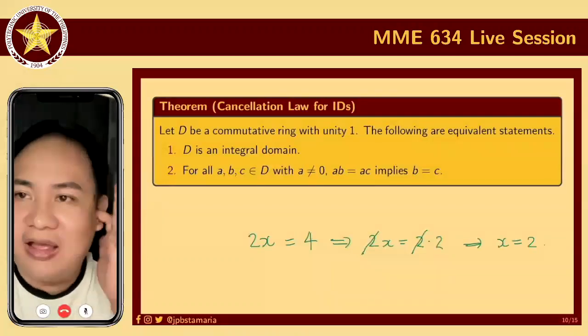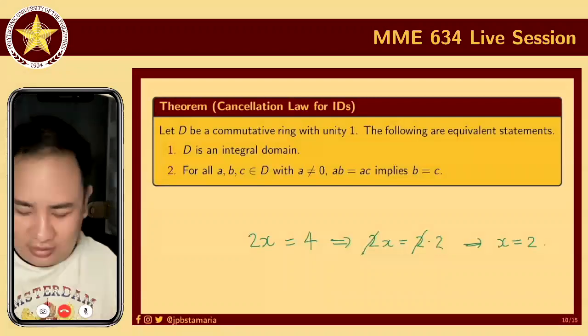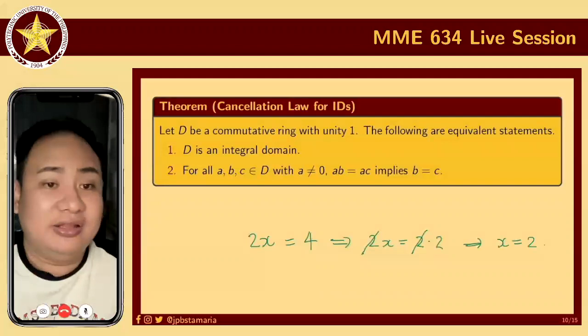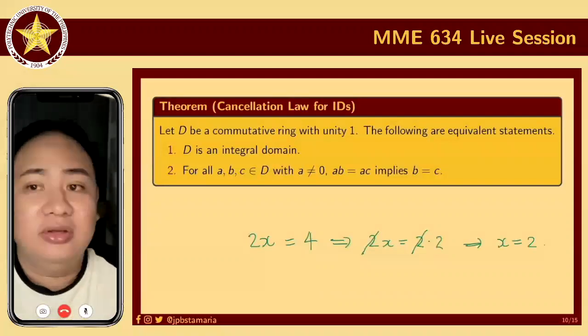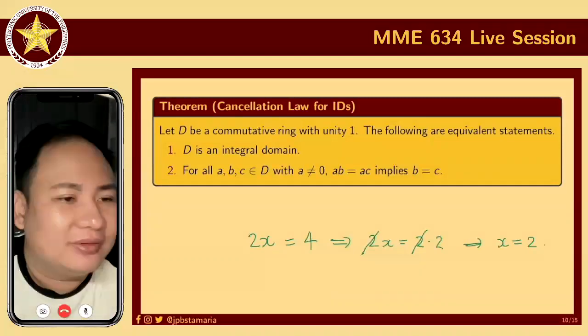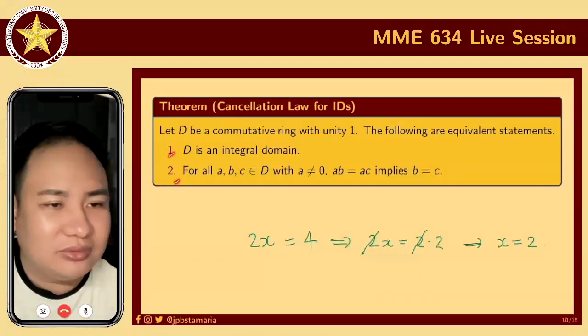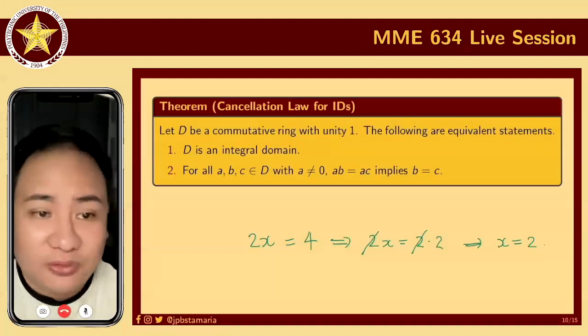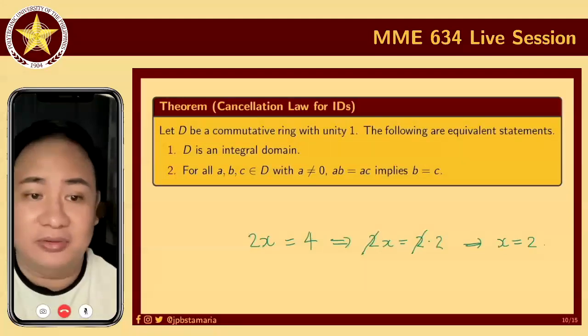In fact, tingnan nyo ha, the following are equivalent statements. Ang ibig sabihin nun, hindi ko sinasabing true ito or true ito. Ang sinasabi ko, pag isa dito sa 1 or sa 2 ang true, yung isa rin ay true. Yan ang sabihin na equivalent. Pag isa dyan ay false, yung isa rin ay false.